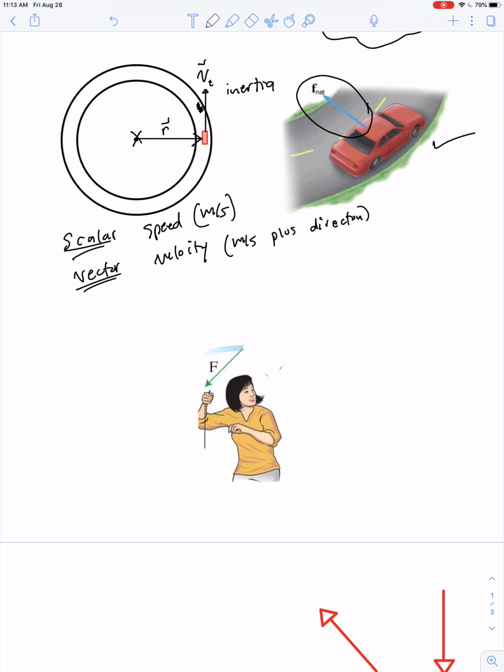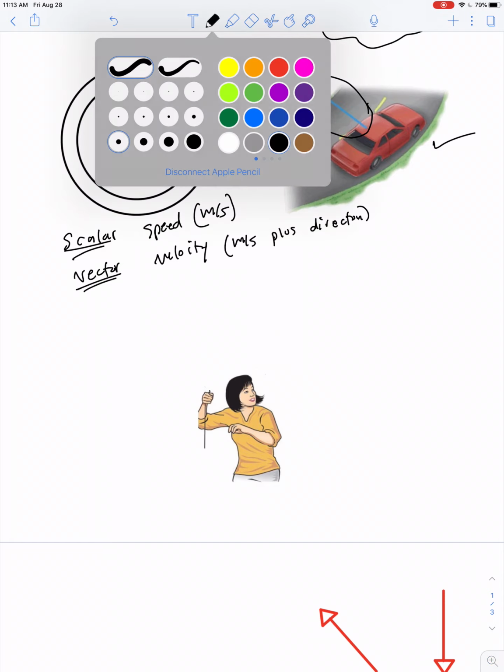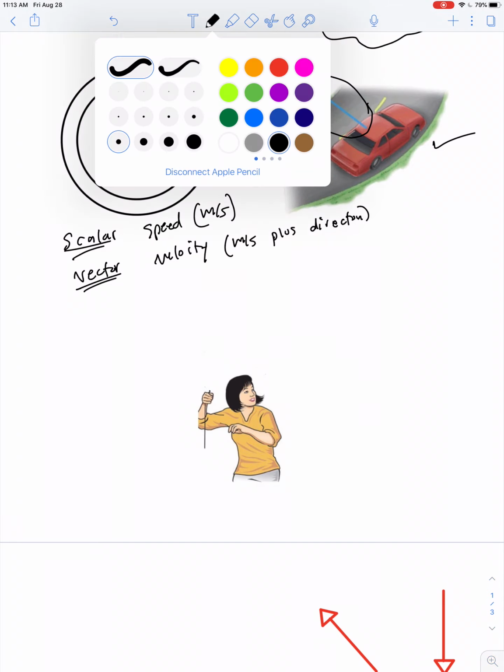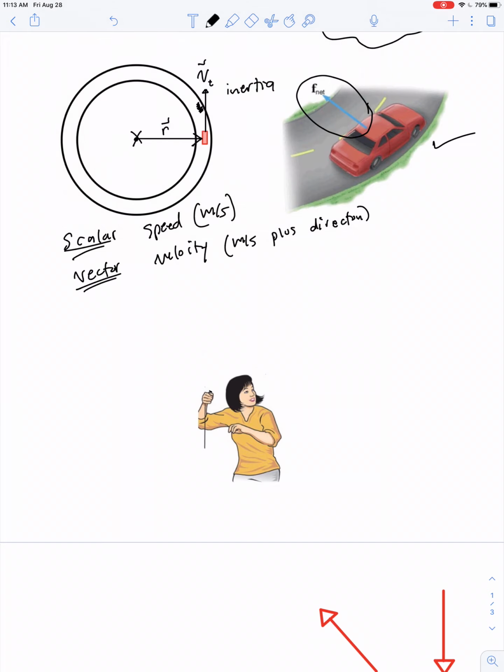And it can't even maintain a flat 0-degree angle, but it's certainly possible to whirl a string and have the string dip like this a little bit. There we go. That's more realistic.